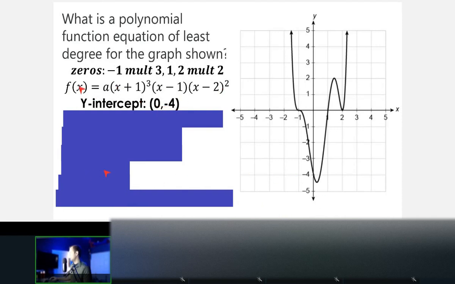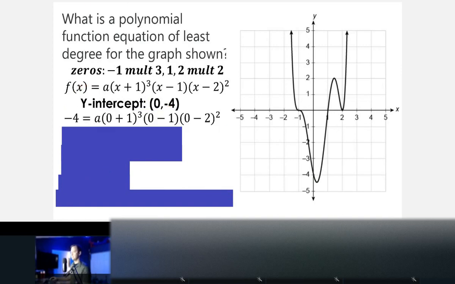Remember, f of x and y mean the same thing, so f of x would equal -4. So we're going to set that up. And then this is easy math, right? We're just going to easily solve this. I'm going to give you all 1 minute to solve for a. Ready, go.